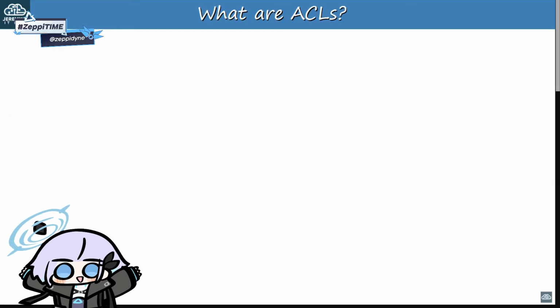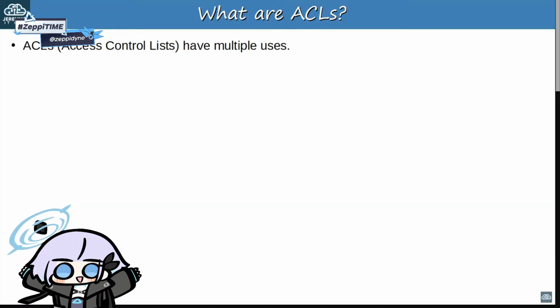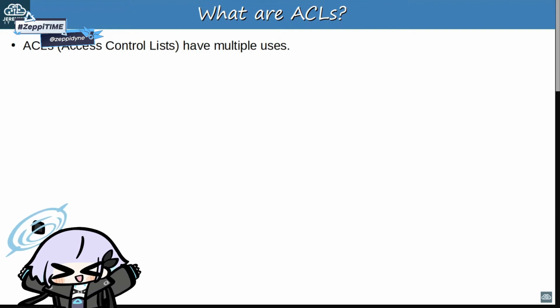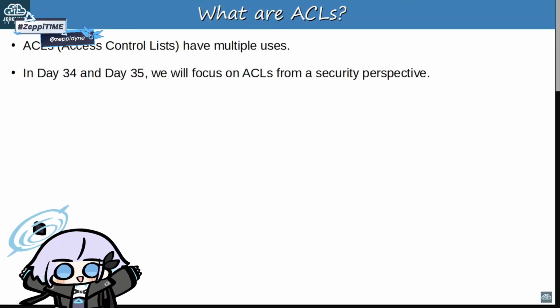So, what are ACLs? ACLs, access control lists, actually have multiple uses. The name access control tells us that they control access to the network. For example, host A should be allowed to access server A, but host B should not be allowed to access server A. In day 34, this video, and day 35, we will focus on ACLs from a security perspective.